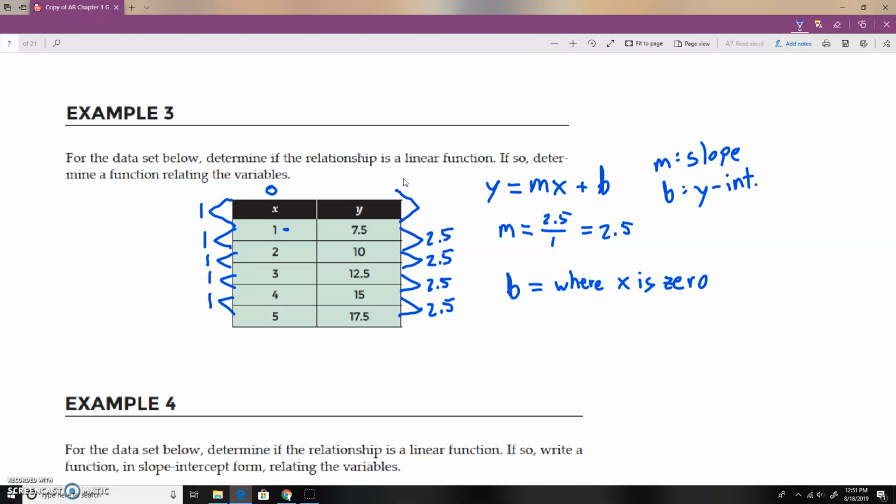Well, we're adding 2.5 each time, so instead of adding 2.5, we subtract 2.5 to work backwards. We will find a y value of 5, because 7.5 minus 2.5 is 5. So that means our b value is 5. So to write our equation, we simply plug our m and b in. Y equals 2.5, x just remains x, plus 5.